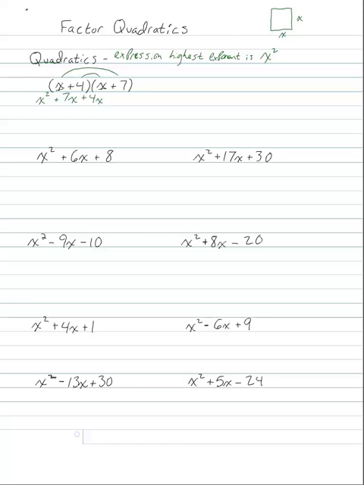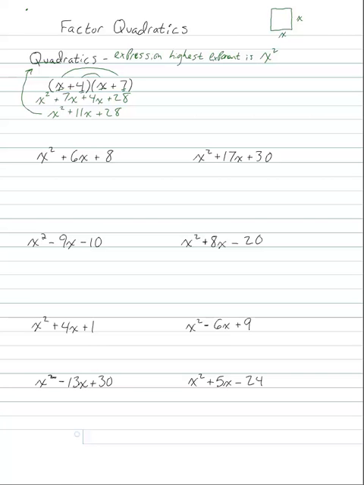And last, 4 times 7 is plus 28. So when I FOIL, I got x squared plus 11x plus 28. So when we factor quadratics, this would be a quadratic. When we factor quadratics, there's a good chance that they're going to factor back into those two binomials, those two things that could be FOILed.